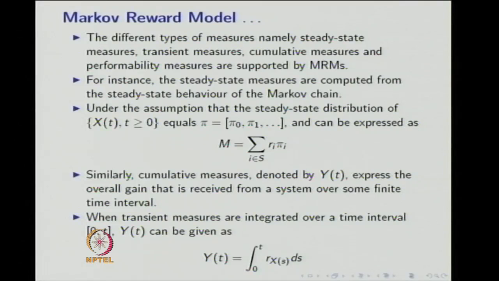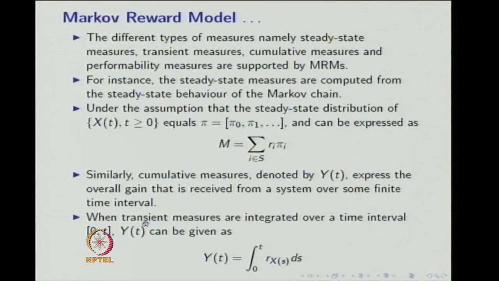So, for the availability model, if you know the steady state probability of being in each state of the system, then by assigning the reward 1 to the up states and zero to the down states, one can get the steady state availability of the system. Similarly, by reversing the rewards, you can get the steady state unavailability of the system also.